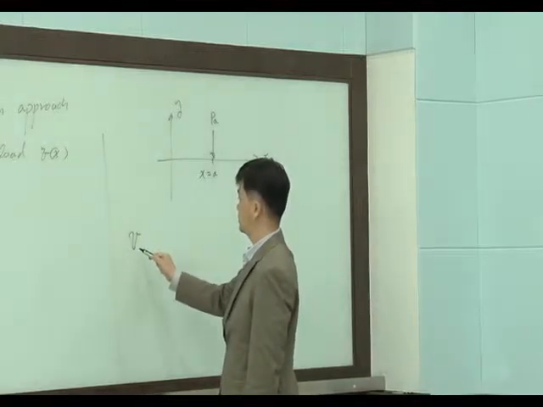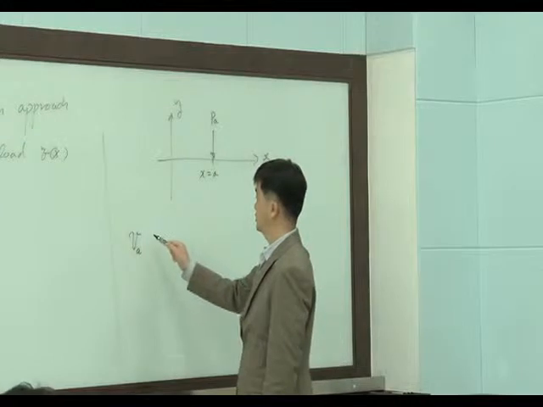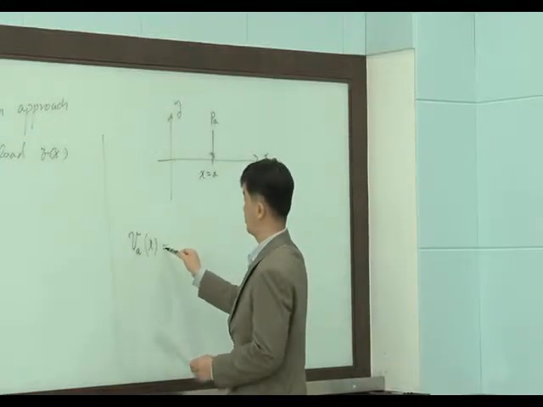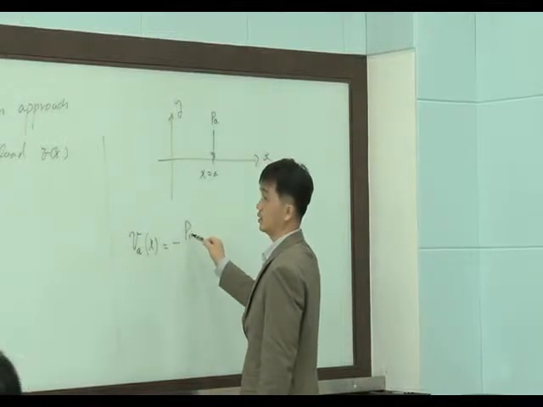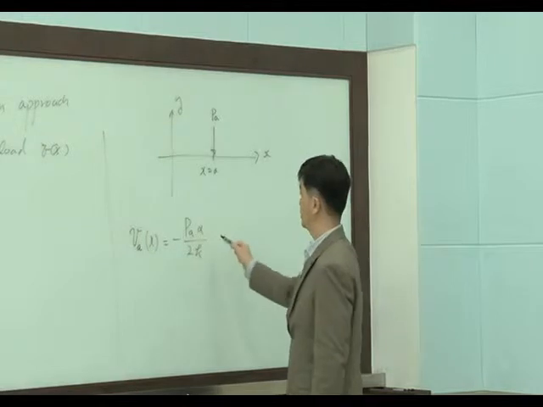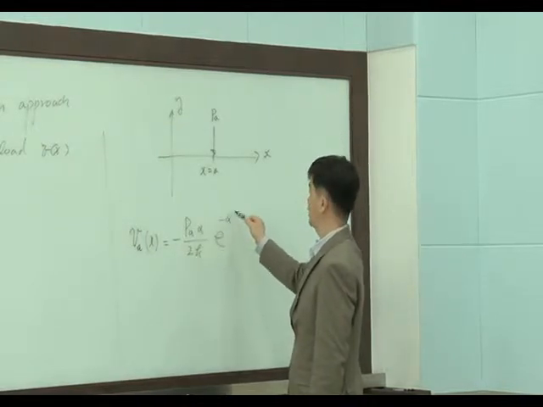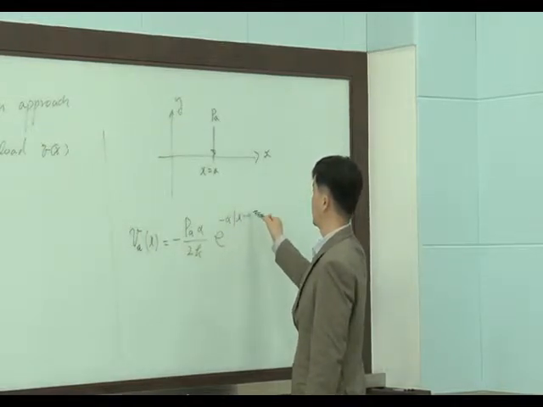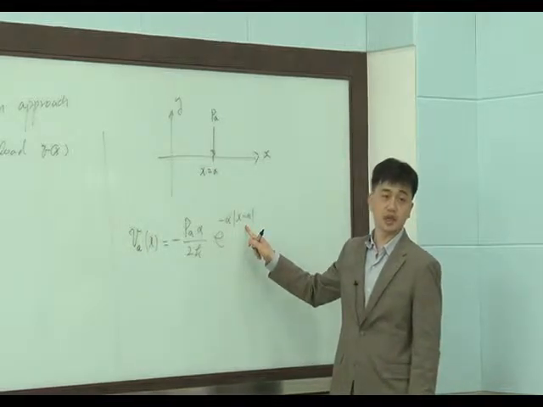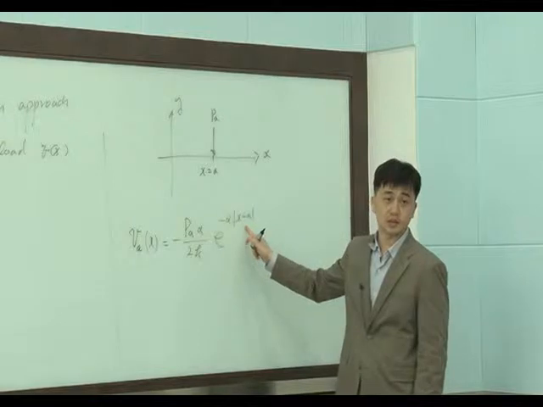So let's say that is VA of x equals minus PA alpha over 2k, e to the minus alpha |x minus a|, cosine alpha (x minus a) plus sine alpha |x minus a|. We can just put x minus a instead of just x, right?